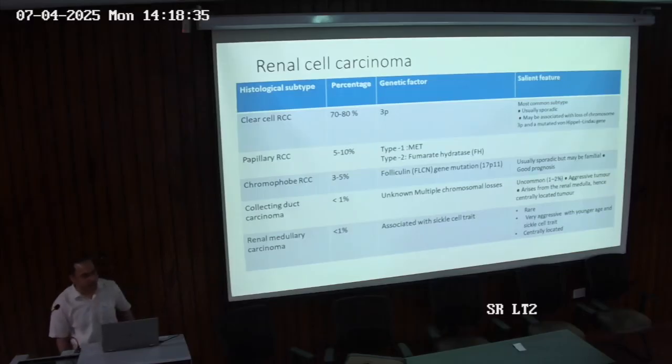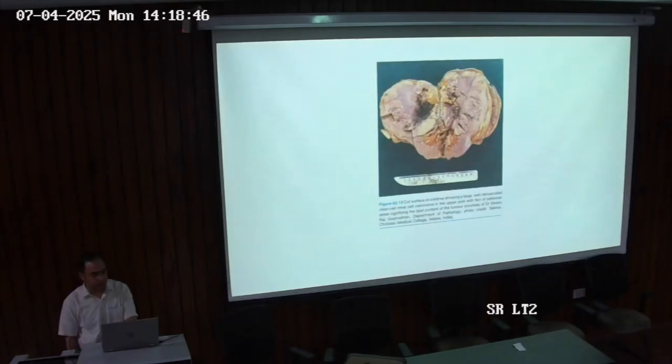So remember, clear cell is most common with worst prognosis, and chromophobe has the best prognosis. This picture shows a mass in the upper pole of the kidney, and the dense yellow color is the fat content in the gross specimen. This gross specimen was taken by CMC only.